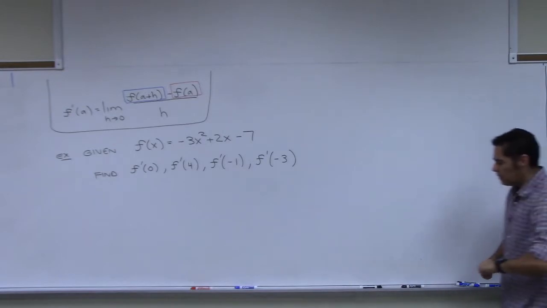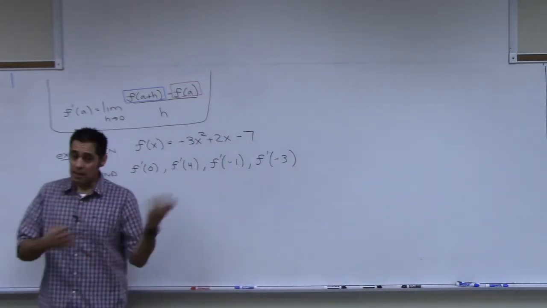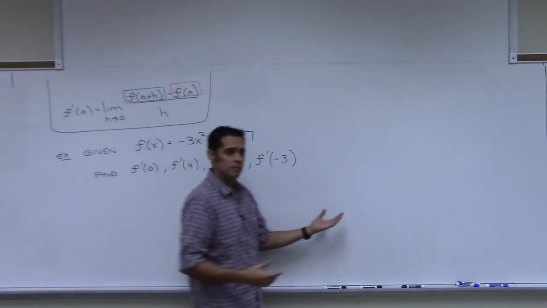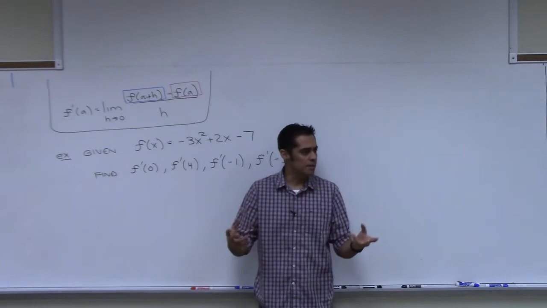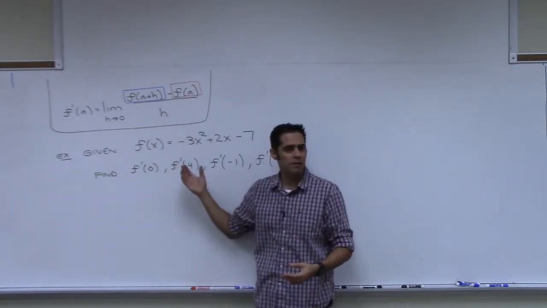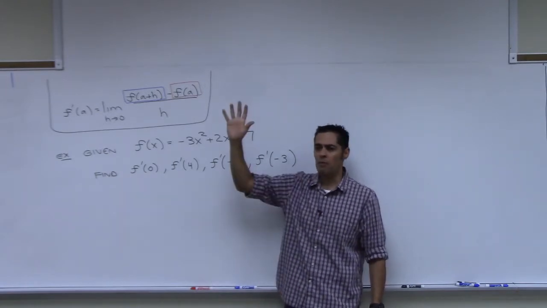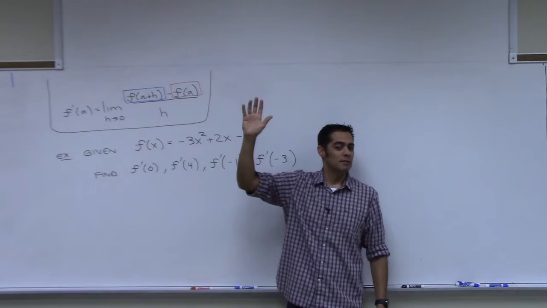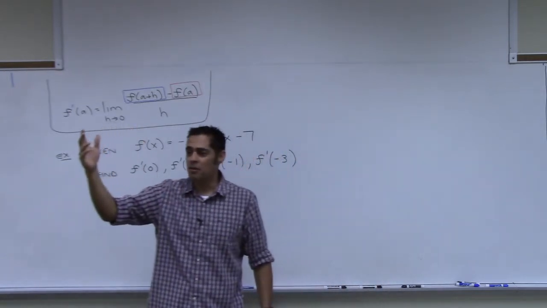Now let's take a quick vote here. We have two options for this. I can work this whole problem out right now on the board, or I can give you an opportunity to work on it in groups and see if you can get to it. Do you feel like you have enough right now with the formula and what I've done to try and go after this? So how many of you want me to work the whole problem out? Wow, thanks. So how many of you want to do it on your own?